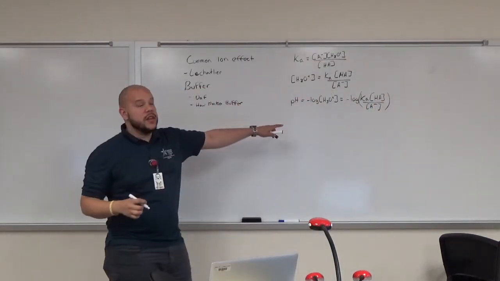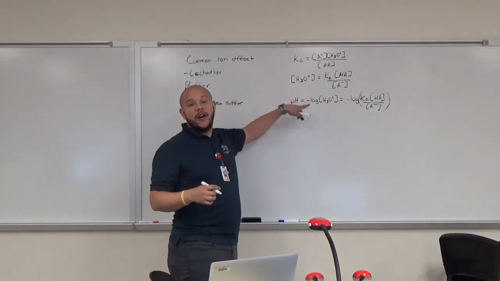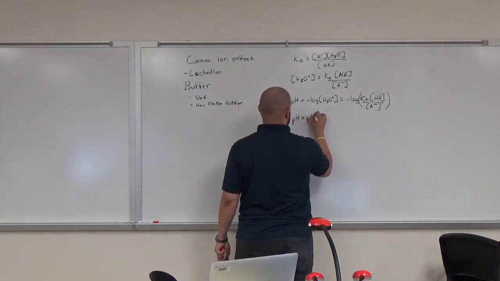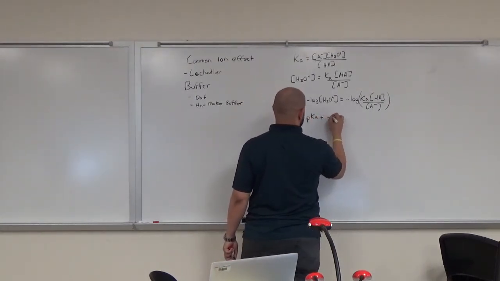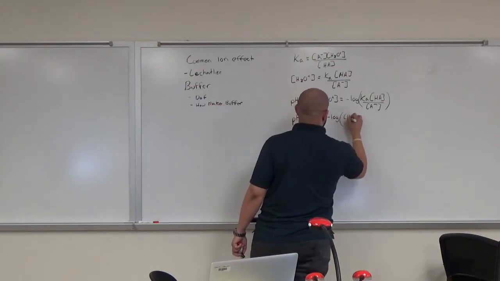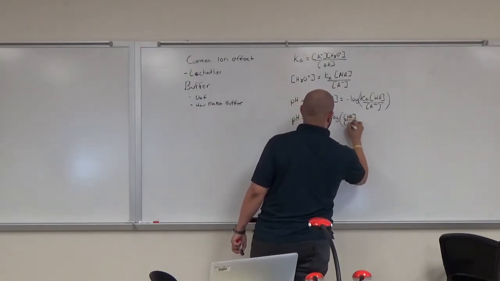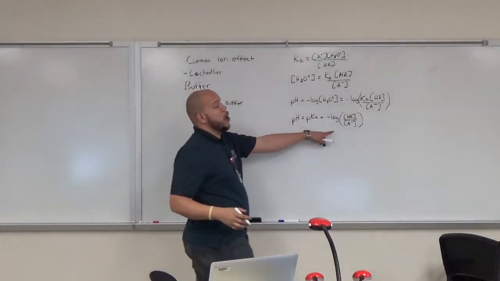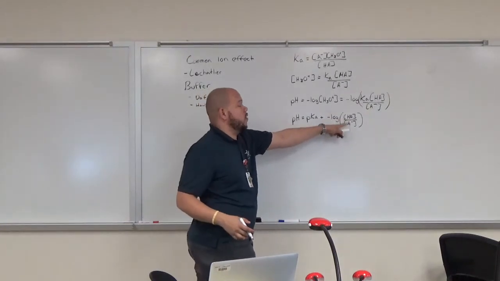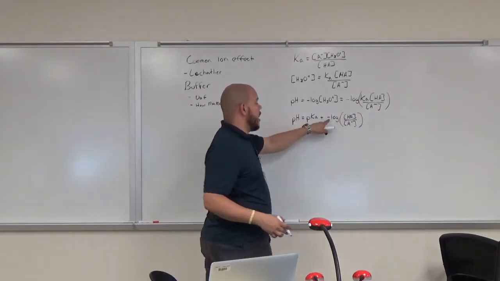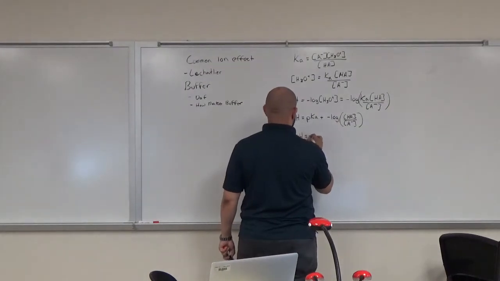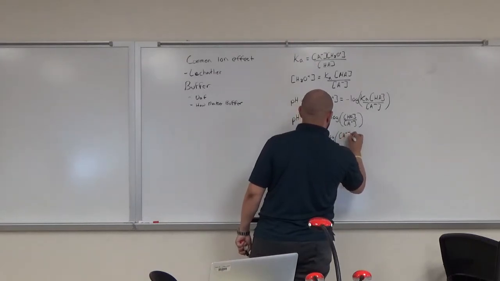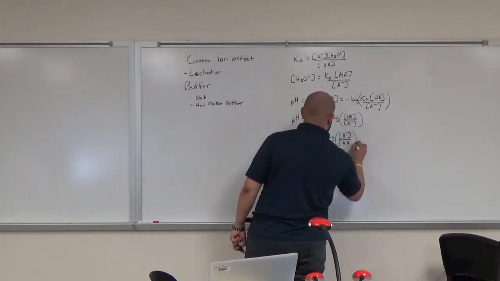We can rearrange this expression using our idea of pH and pKa. So technically, we now have pH is equal to pKa plus negative log of [HA] over [A minus]. And to simplify this with rules of logs, we can take the inverse of this fraction and change the minus so that we end up with pH is equal to pKa plus log of [A minus] over [HA].